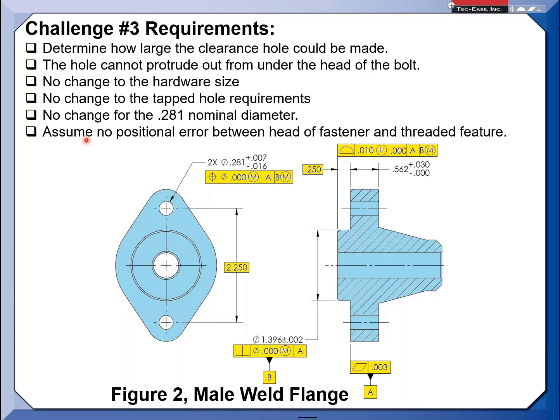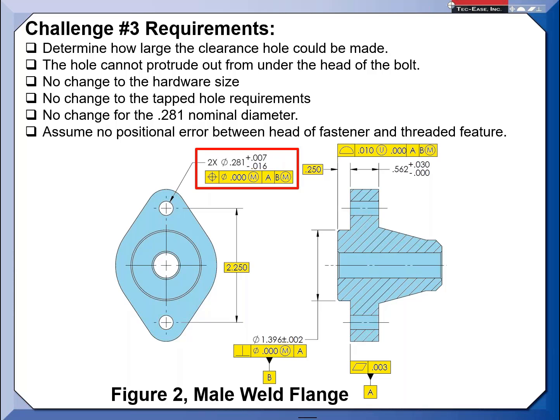And then there are some assumptions here also. We're going to assume that there's no positional error between the hex bolt head relative to the threaded feature. No consideration of that; in other words, they're perfectly coaxial, no positional movement.